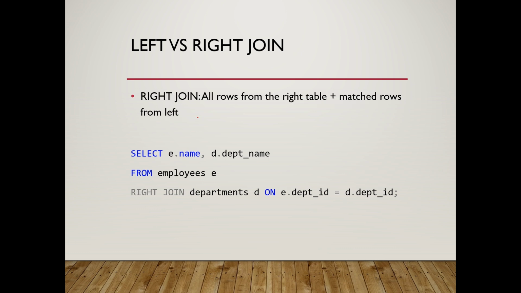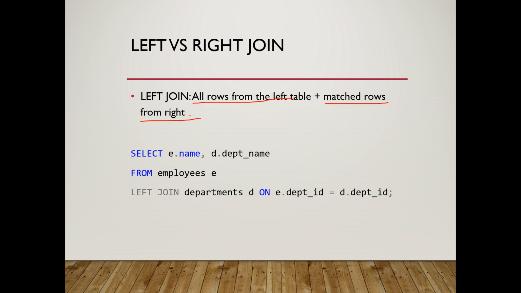If we talk about right join, it means all rows from the right table and matching rows from the left. It's all about which side you want to keep complete. Let's look at each with an example.